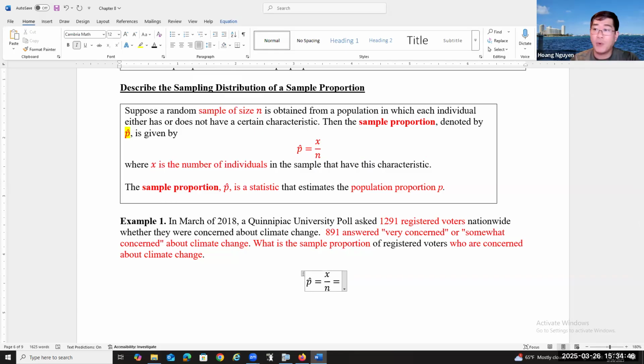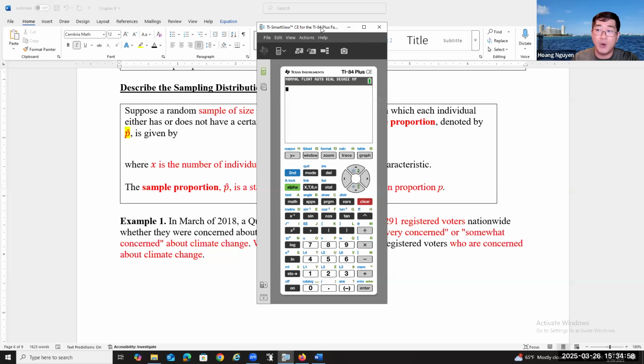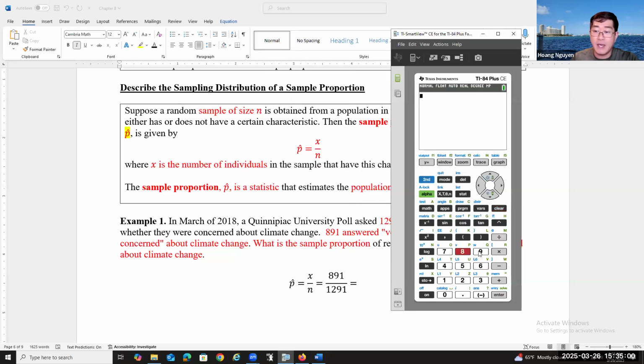So the number of people with the certain characteristic is 891 divided by the sample size n, which is 1,291. You might use a calculator to approximate the sample proportion. So we have 891 divided by 1,291.